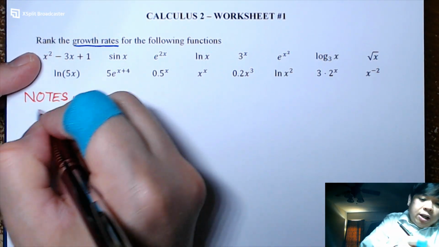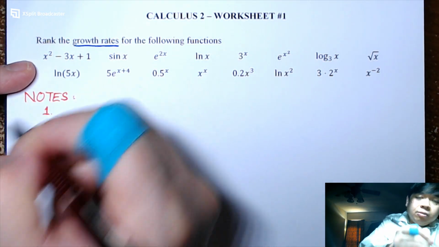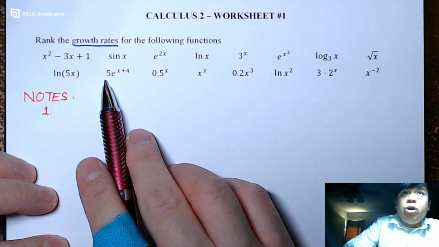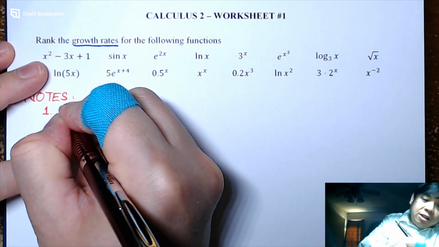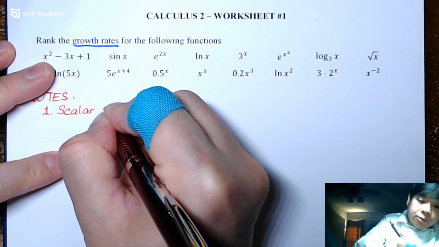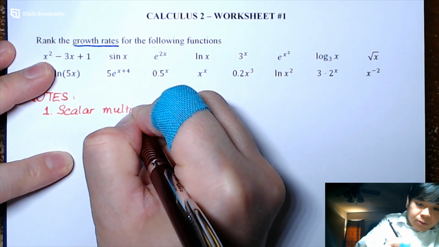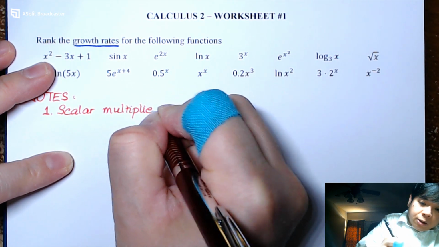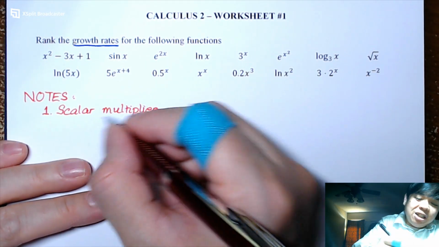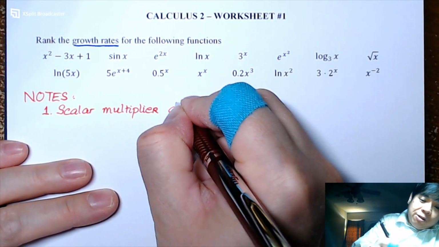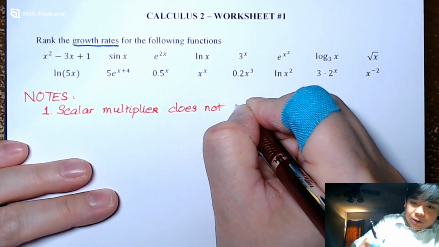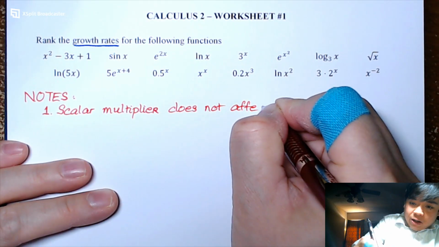Important note number one: scalar multipliers, or constant coefficients, do not affect the growth rate.